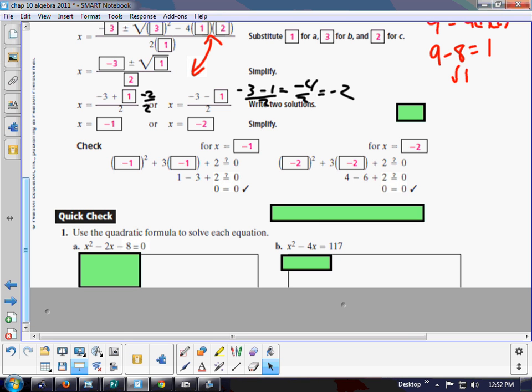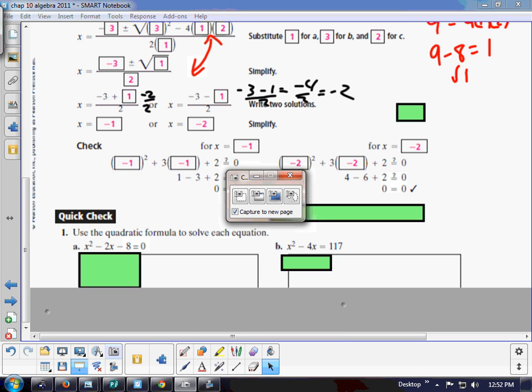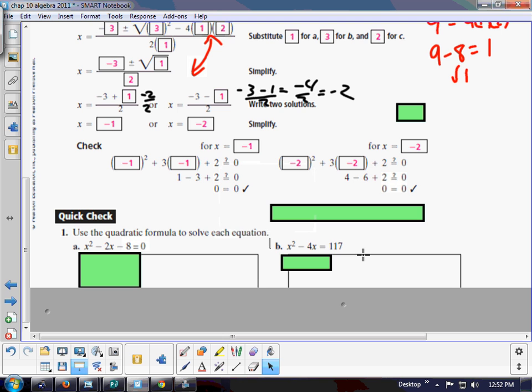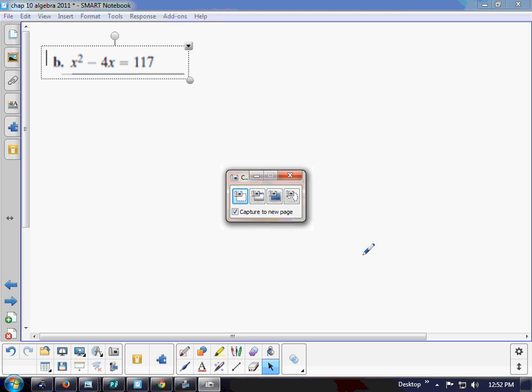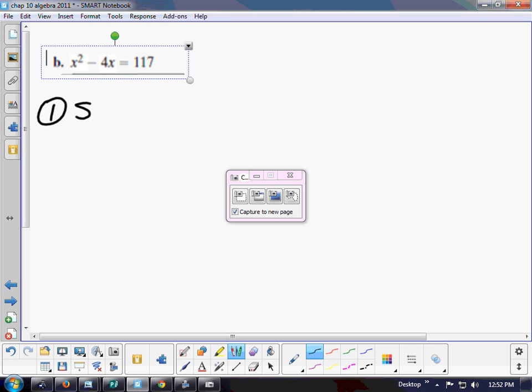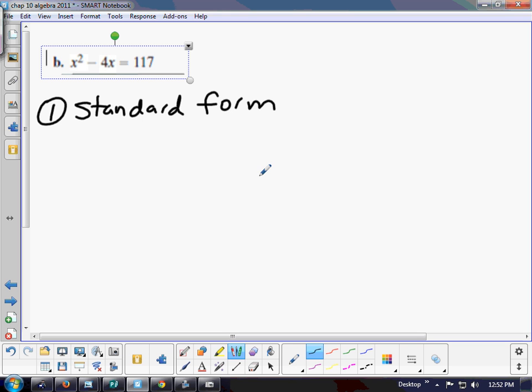So let's do 4B, and again, we're going to go through the steps, and these are the steps you want to do for your homework and for the test on Thursday. So your first step is standard form, and that was the ax squared plus bx plus c equals 0.